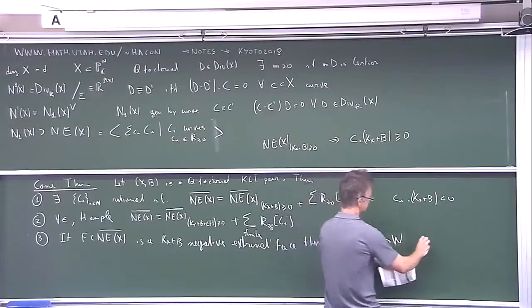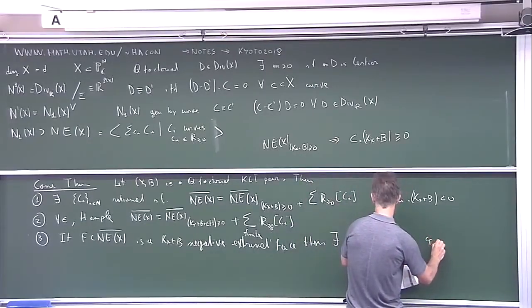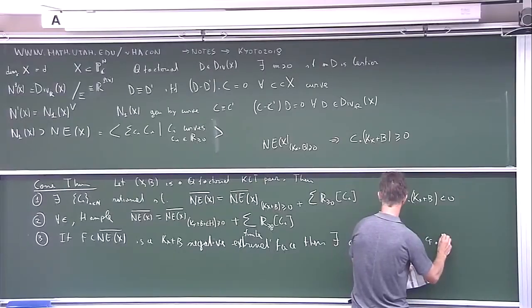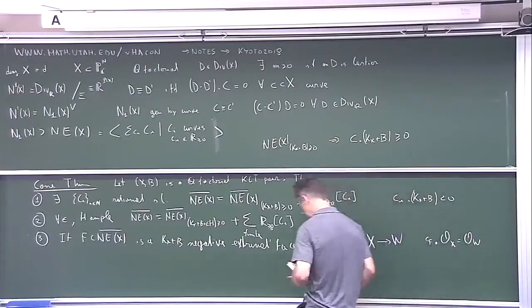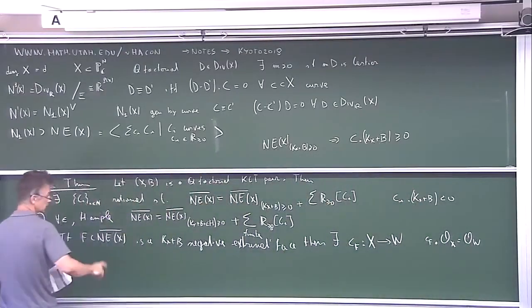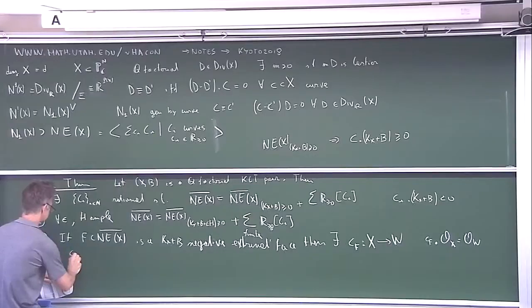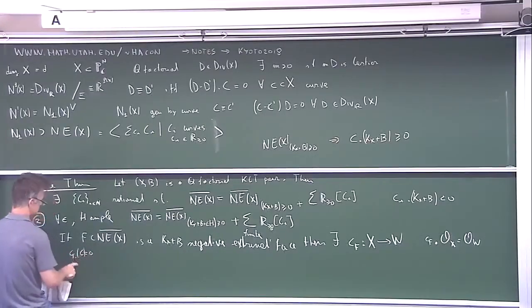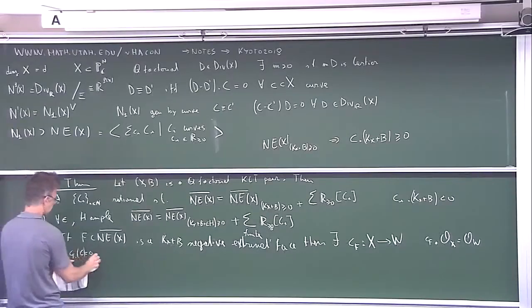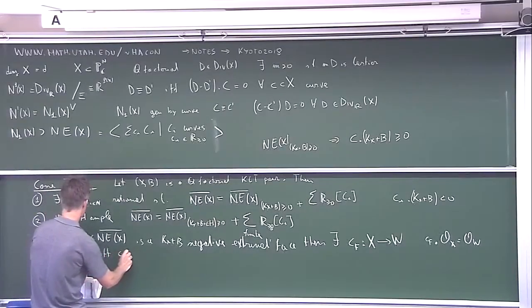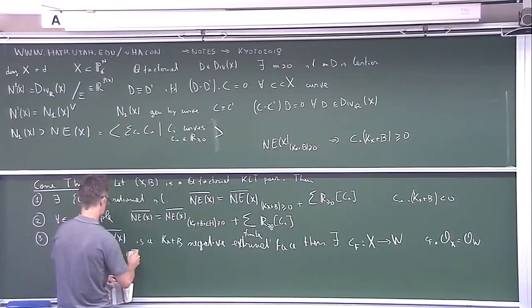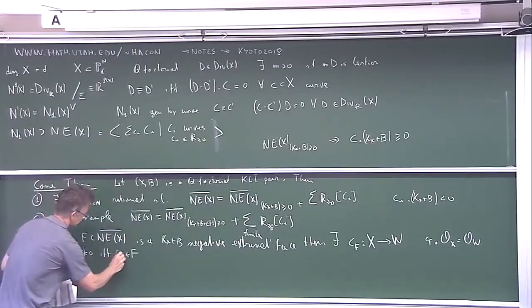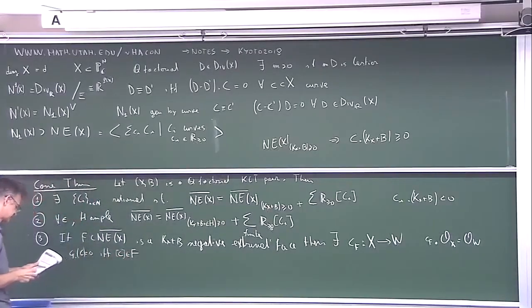A contraction morphism is a morphism of normal spaces with connected fibers, so the pushforward of O of x will be O of w, with the property that c_F lower star of C is equal to 0. So it contracts a given curve if and only if the numerical class of this curve belongs to that face.